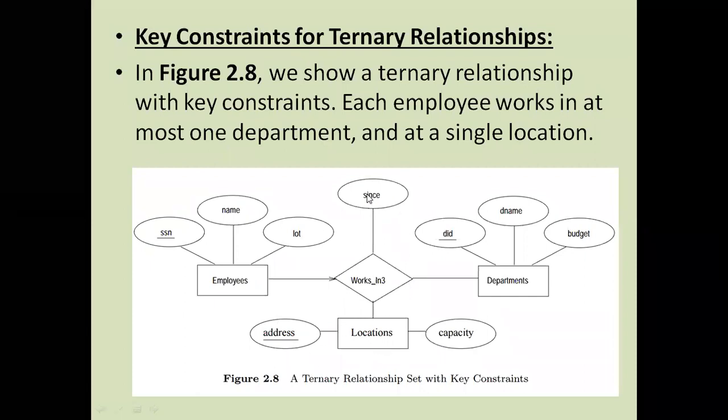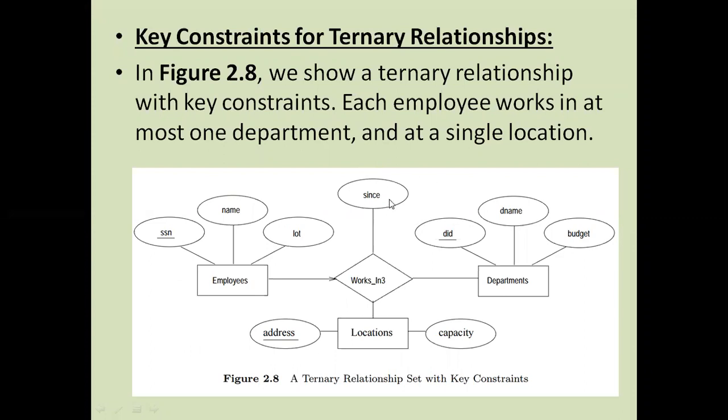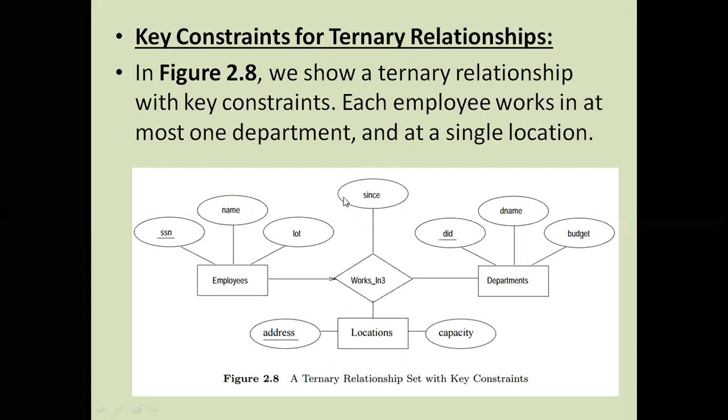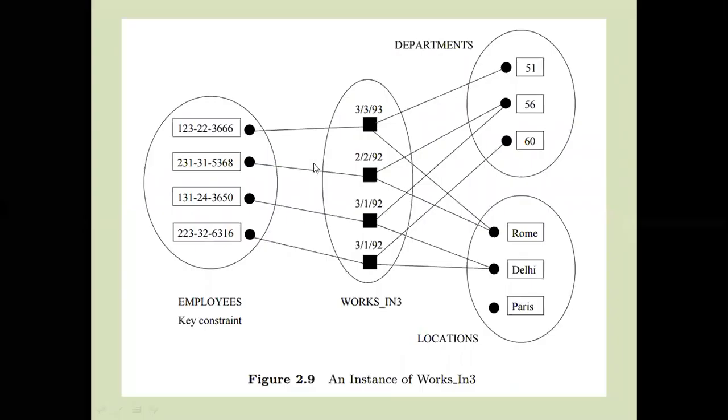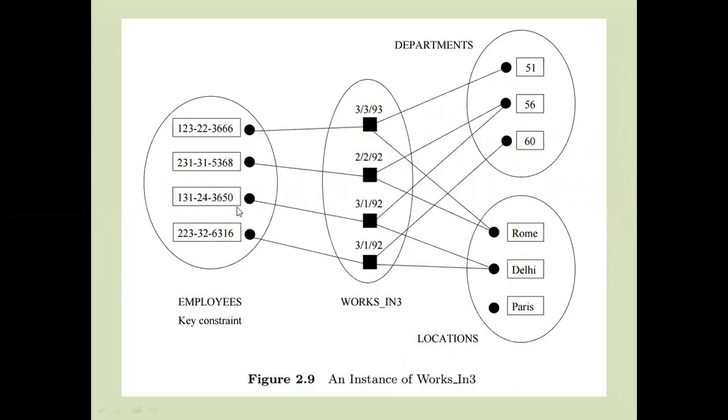So in this type of situation, this attribute records the information about the employees and departments, and the location relationship will be maintained in the since attribute. If you observe here, this is one entity set, and this is one entity set, and this is one entity set.